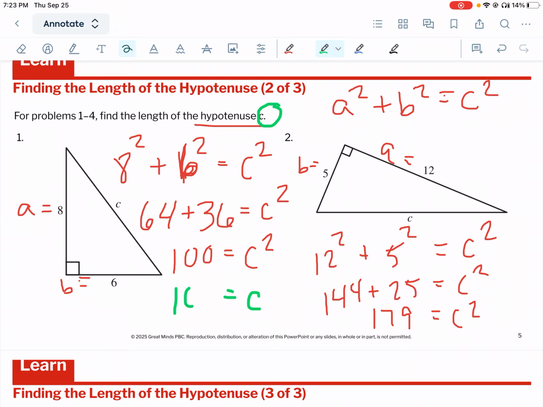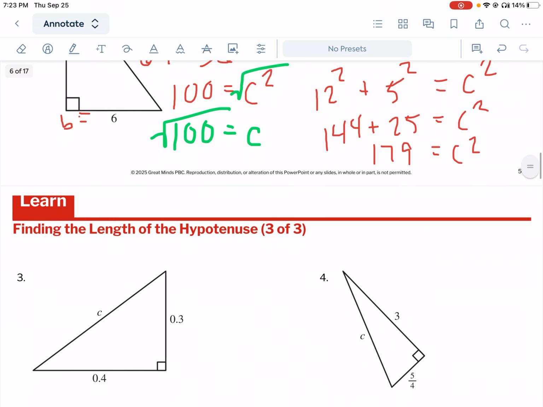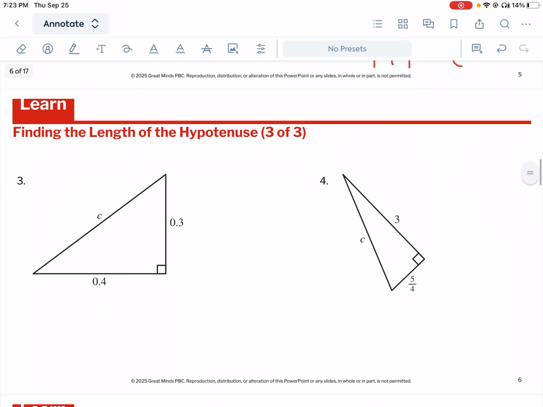So C would be 100 square rooted. The reason being because to get C alone, not a squared C value, but just C, I would have to square root the C squared as well. To get 1 C, that's all we need. Also, the square root of 169, but once again, we'll get back to that later.